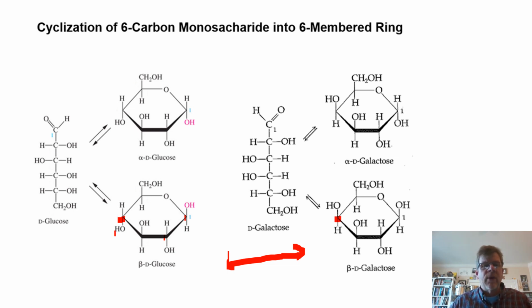If it's pointing down, it's glucose. If it's pointing up, it's galactose. It's a very, very slight difference, but it is a difference nonetheless. And believe me, given some practice, you will be able to tell the difference between glucose and galactose. Remember, I would always give them to you in the cyclic form to tell the difference between.